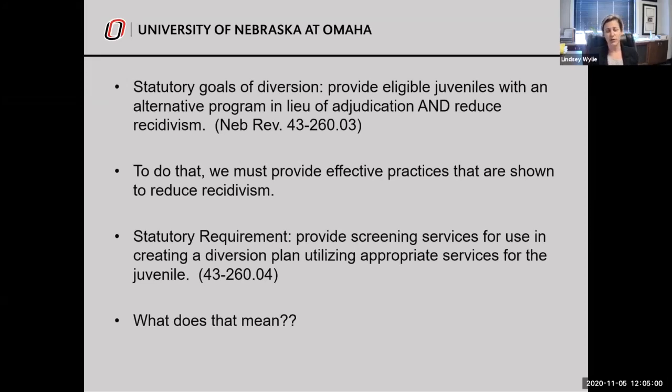Currently, up until this point, most programs have used the tools that they want to use. We've had some tools that are consistently being used, the YLS, the NYS, and at times the Arizona. But not every diversion program is even using a risk assessment tool. Some programs are using the MAISY, a mental health tool, and some others are using the JIF, which is more about pre-post and more of a functional assessment.